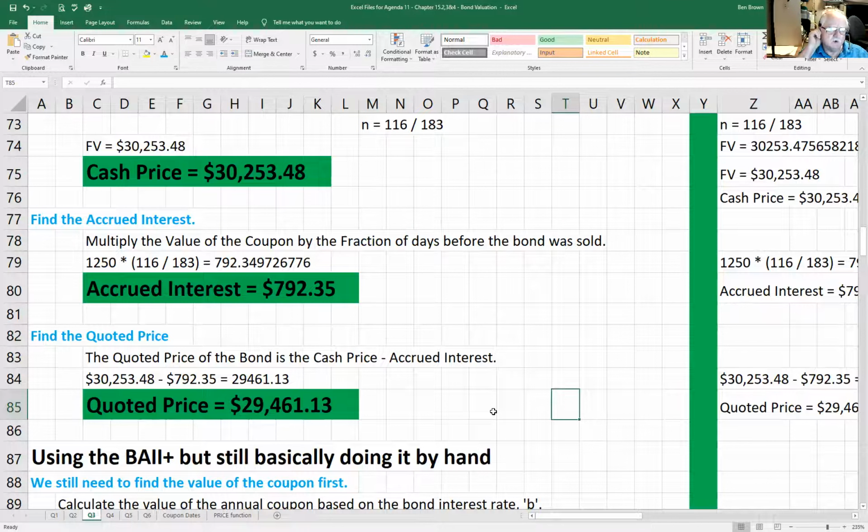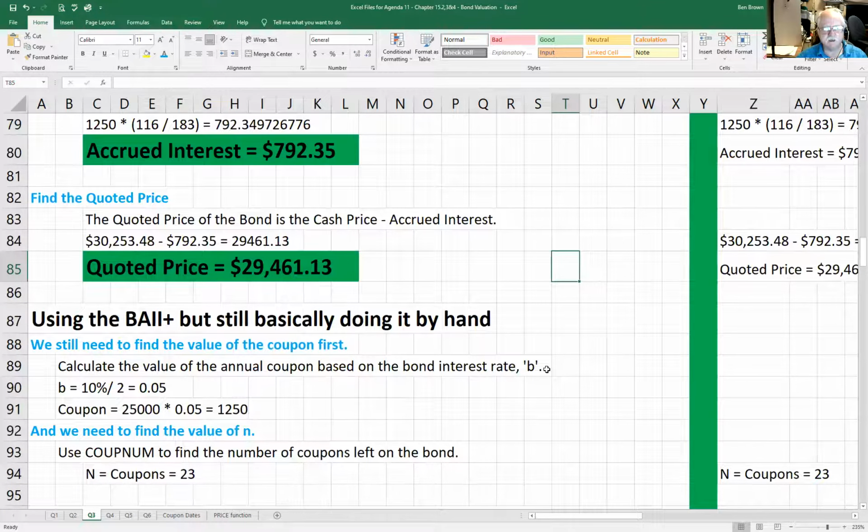So annoyingly enough, although you can calculate the cash price, you still have to remember that if they ask you for the quoted price, it's not quite the same thing.